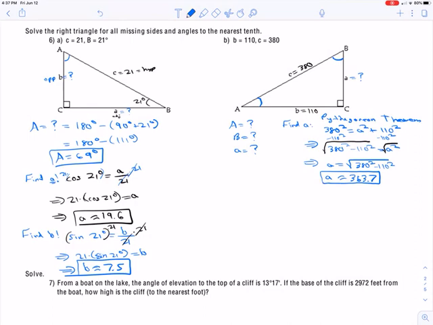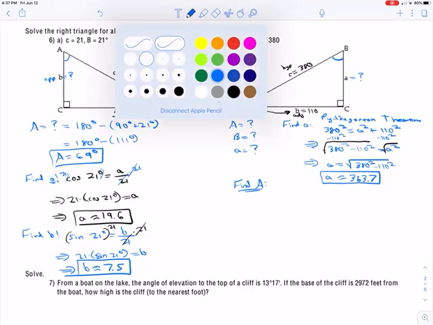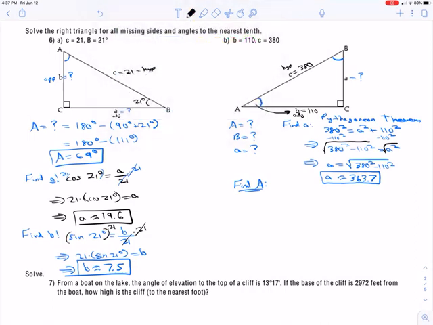Now let's go ahead and get the angles. Let's find angle A. To find angle A, let's use a trig function. I'm going to use the given information: the adjacent side, and I'll label it in here, and my hypotenuse with angle A. That's the adjacent. So we have the cosine of angle A equal to adjacent over hypotenuse.